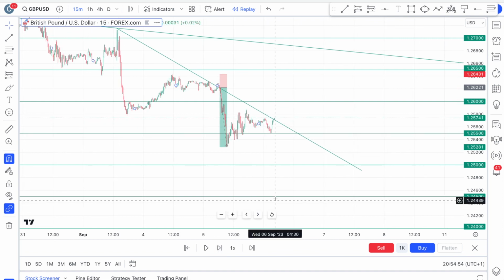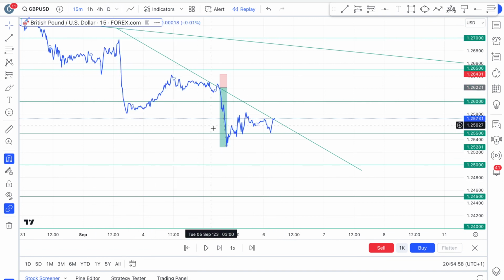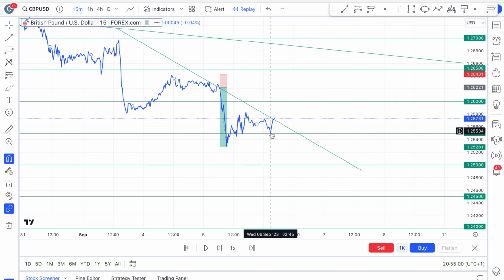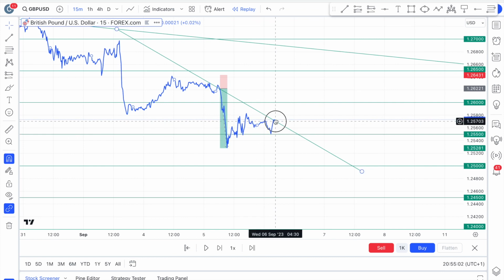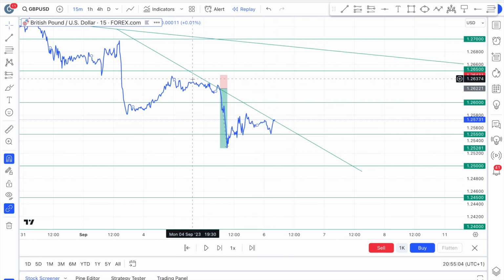So price just touched the trend line, and this is another M pattern forming. As you can see, first leg, second leg. Then now let's short it down to the downside.